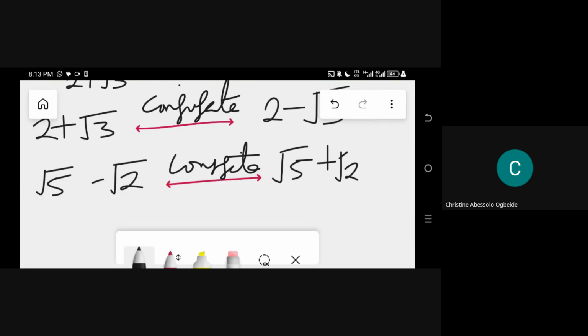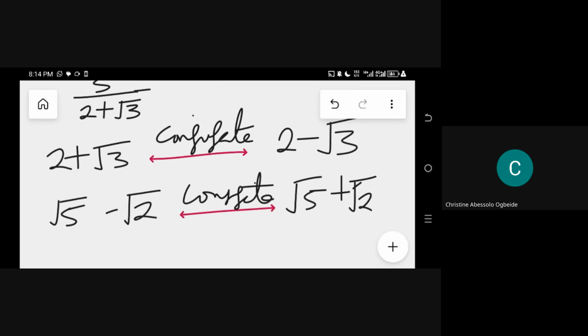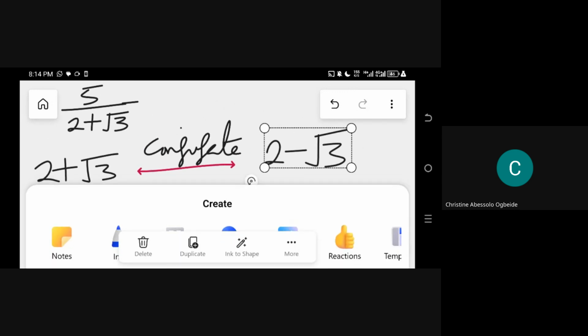So if you have root 5 minus root 2, your conjugate is root 5 plus root 2. If you have root 5 plus root 2, the conjugate is root 5 minus root 2. So the conjugate simply means change the sign, whatever sign you have there, that's all. The same numbers, the same surds and everything, but change the sign of the denominator. When you change the sign, use that result to multiply both the top and the bottom.